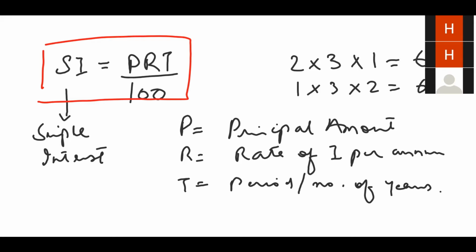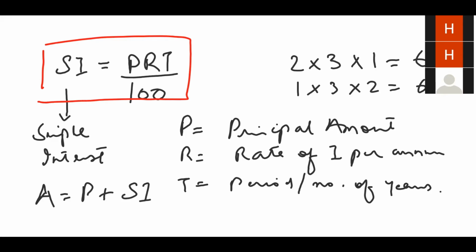So when you find the simple interest by the formula of PRT over 100, you'll get an amount of interest that is added to your amount. This won't be the total amount, but just the extra amount that the bank is paying to you. When they ask you in the question to find the total amount that you now have, that is when you'll do A is equals to P plus simple interest.